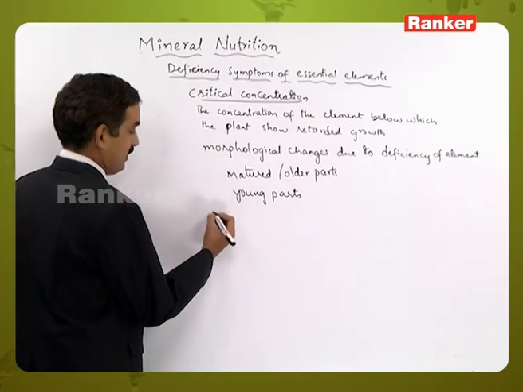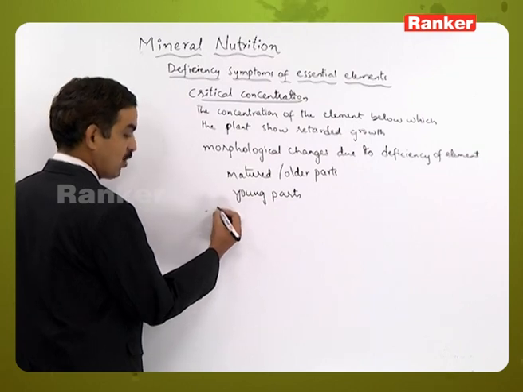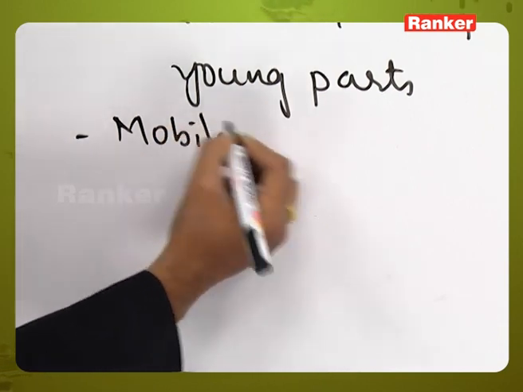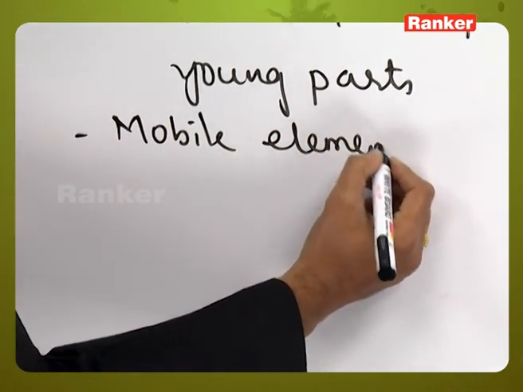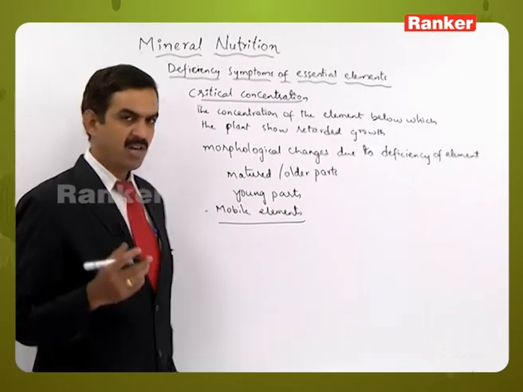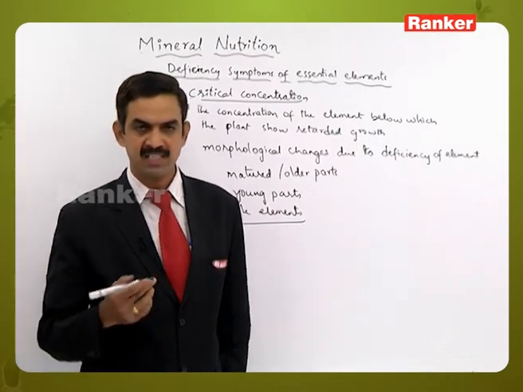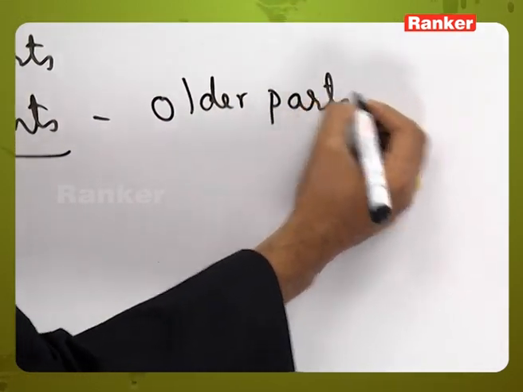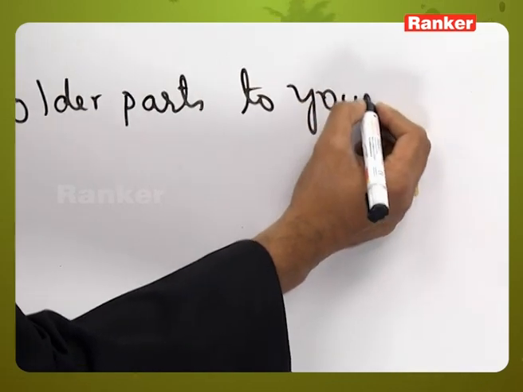So based on this, some of them are called mobile elements. When an element is mobile, it moves from one part to the other, that is, from older parts of the plant to younger parts.